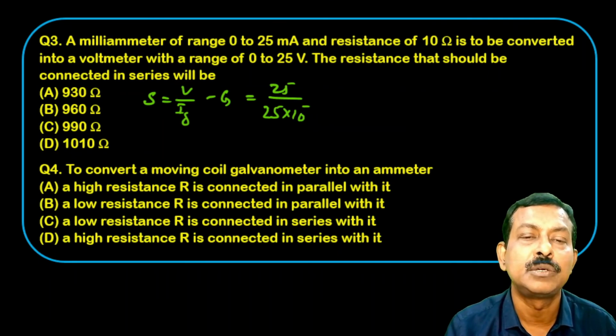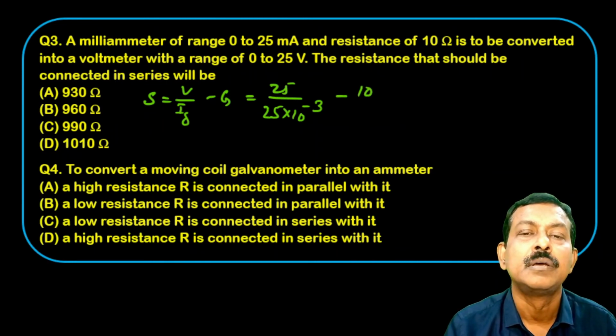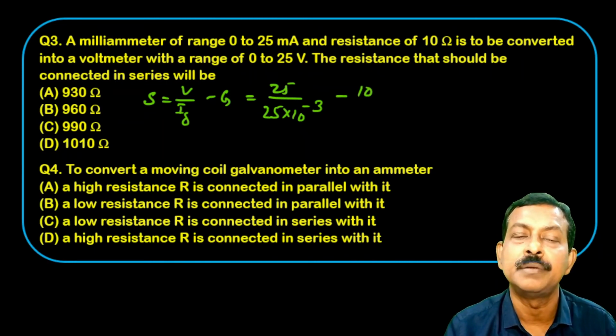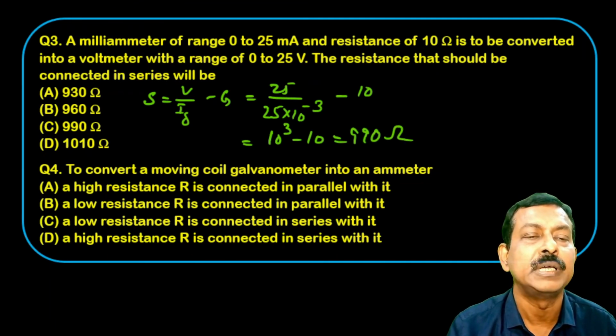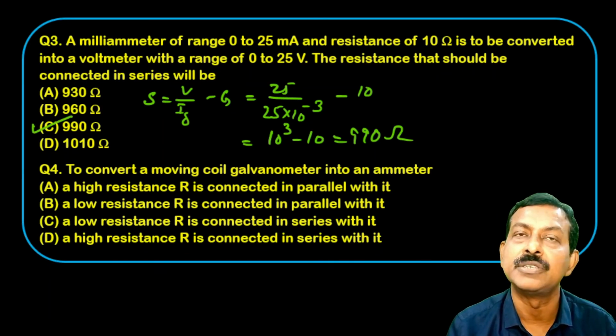So it is 25 divided by 25 into 10 to the power minus 3, minus the resistance of the ammeter, which is 10. So that means it is 1000 minus 10, so obviously 990 ohm. If you look at the different options, the third one is the correct one.